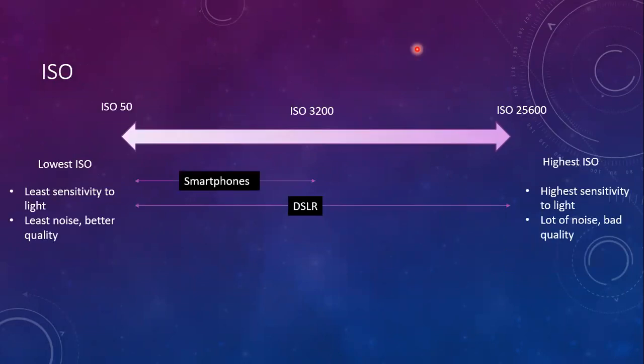Okay. So ISO is a measure of how sensitive your sensor is to incoming light. In older days, when you had reels, they used to come in different ISOs.